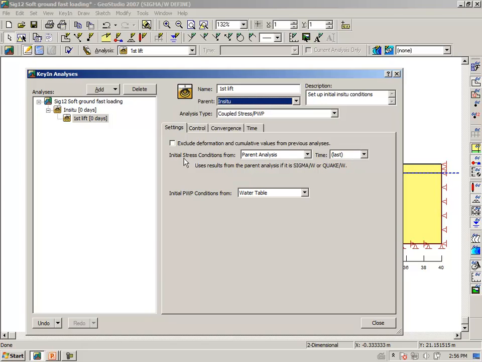We are now going to get our initial stresses from the parent, and we are also going to get our initial pore water pressures from the parent analysis.